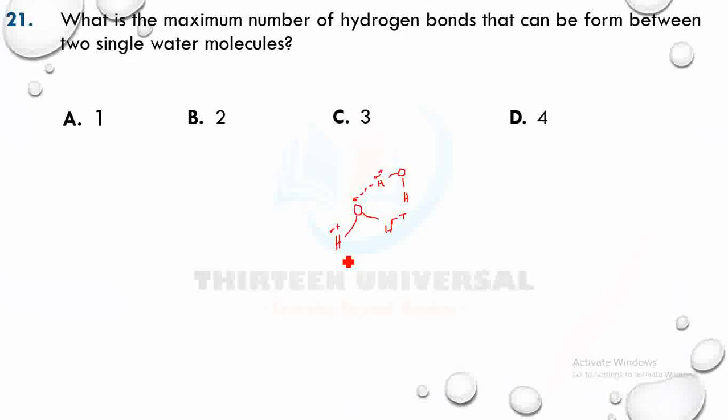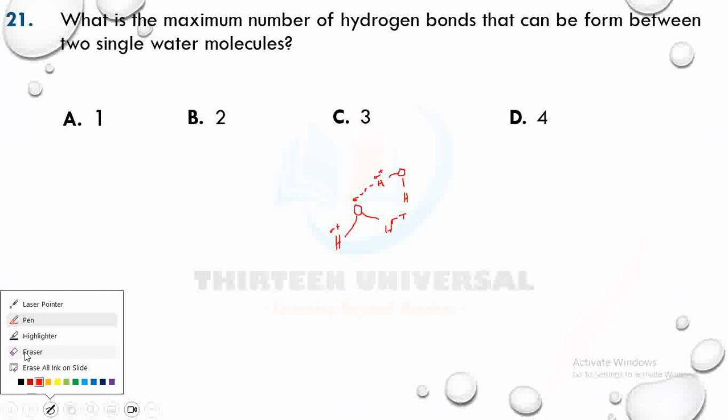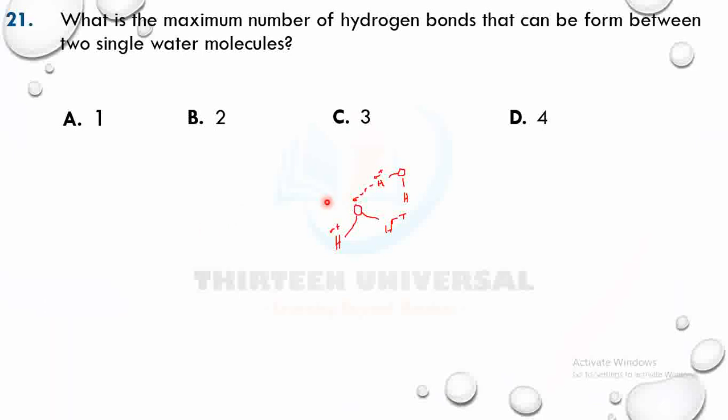Now, see, guys. Water molecules form a hydrogen bond with this one. It uses this to form a hydrogen bond with the next water molecule, or uses this to form one with the next water molecule. It cannot form 2 hydrogen bonds with just 1 water molecule. So the maximum is 1.